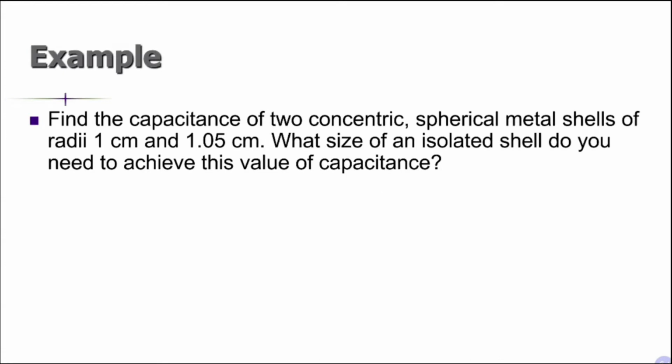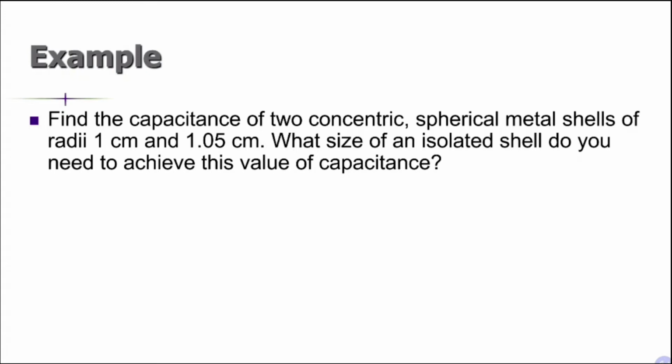Okay, here's an example. Find the capacitance of two concentric spherical metal shells of radius 1 centimeter and 1.05 centimeters. What size of an isolated shell do you need to achieve this value of capacitance? Okay, so there are two questions here.